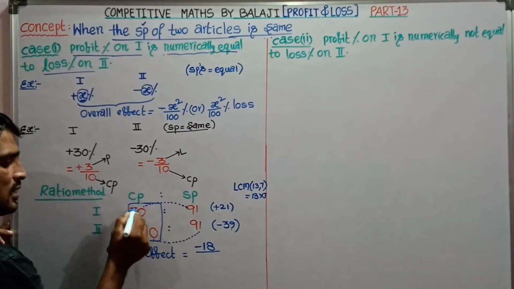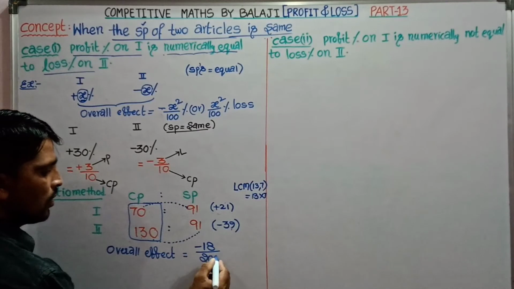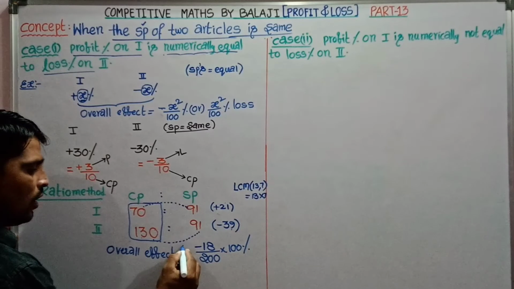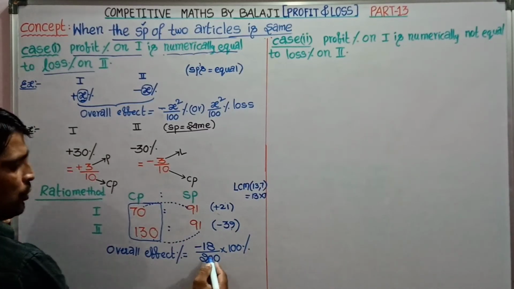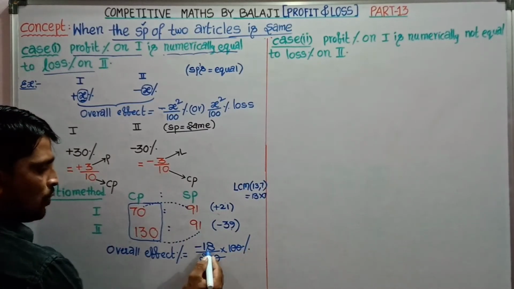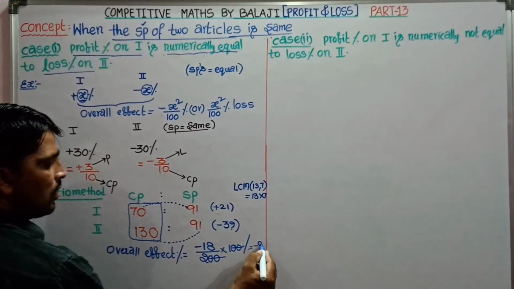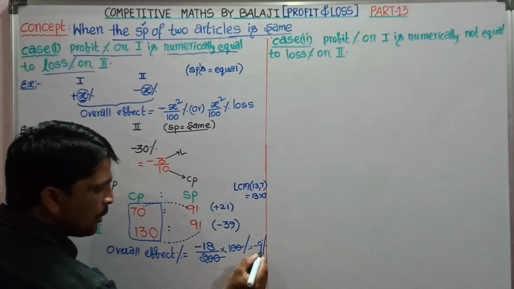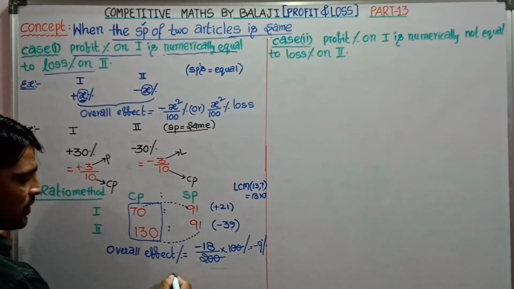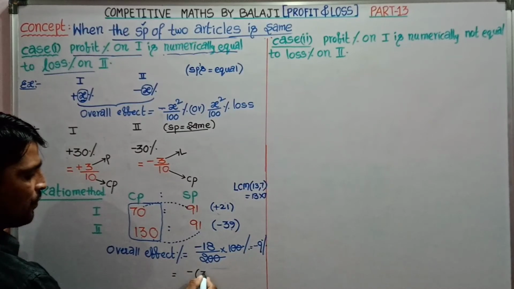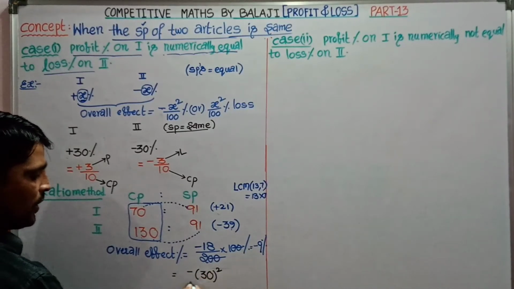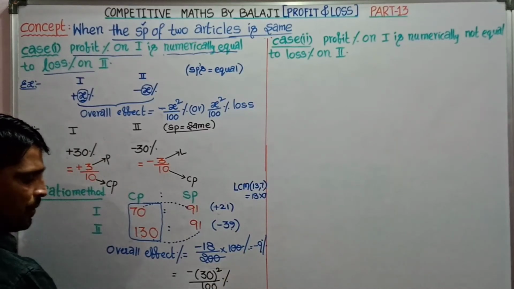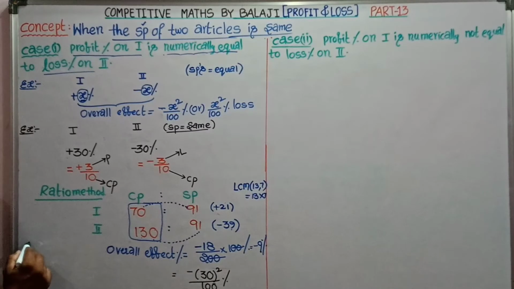This is over the total cost price, which is 200, into 100%. The overall effect percent is a loss. Two zeros get cut, 2 ones are 2, 2 nines are 18, so the loss is 9%. But this 9% loss is also expressed as minus 30 square by 100 percent.